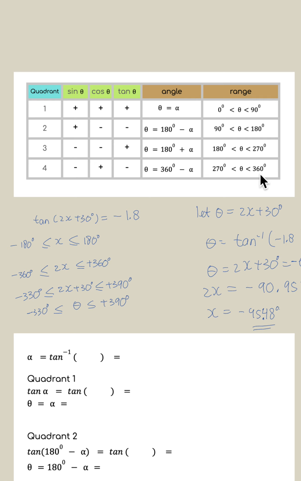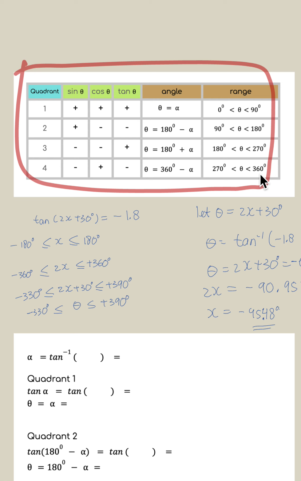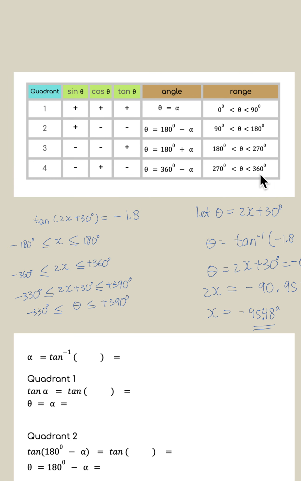We look at this table here. This table can help you find the angle faster. First of all, the tangent value is a negative number, and according to the table, if you want a negative value for tangent, you must use angles in quadrant 2 and quadrant 4.